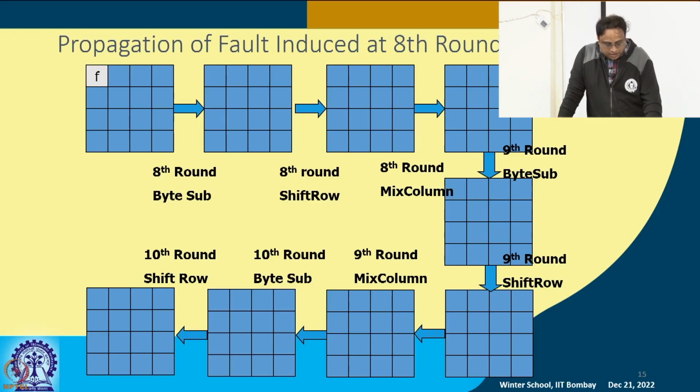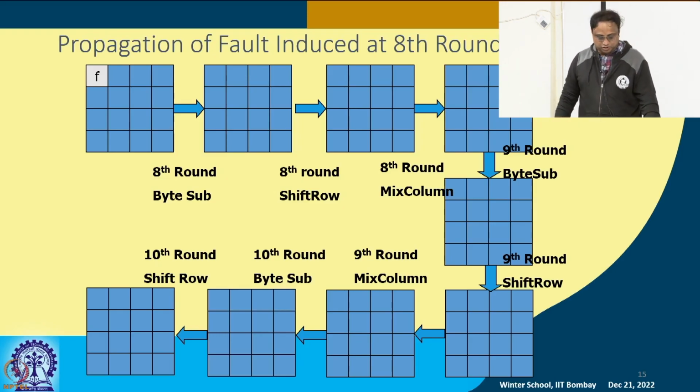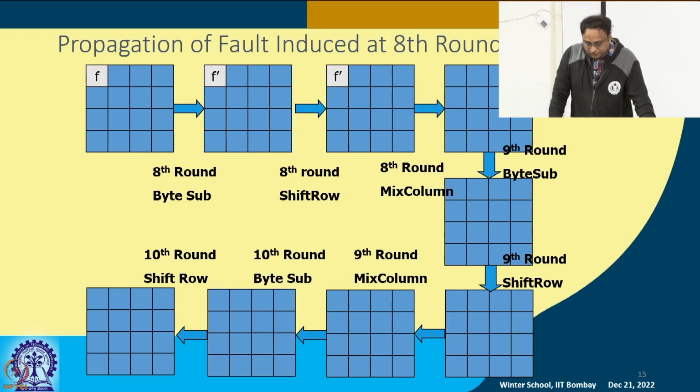Then I allow it to propagate. Because of the S-box, this will be transformed into some other value. I don't know what that value is; it is an arbitrary value. Then we have the shift rows, so it will go into some byte location. If it is in the first row, it remains in that location.